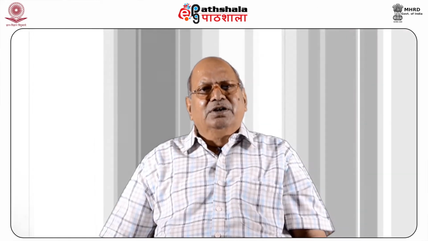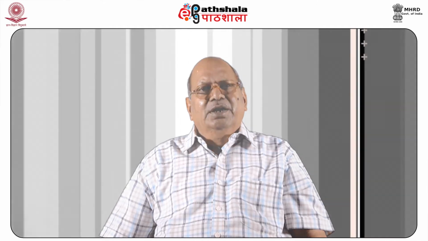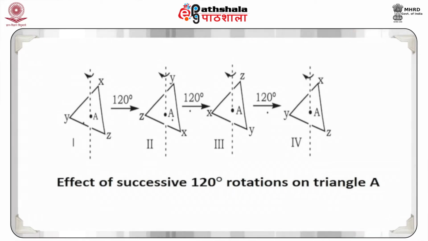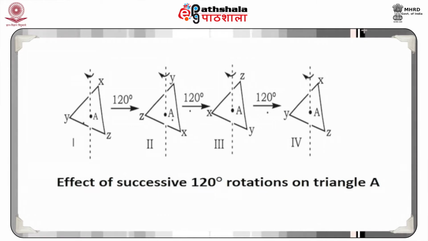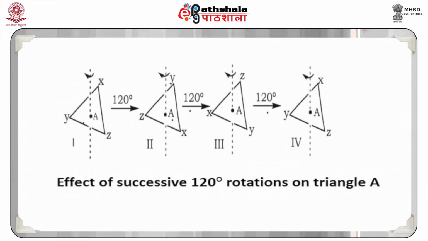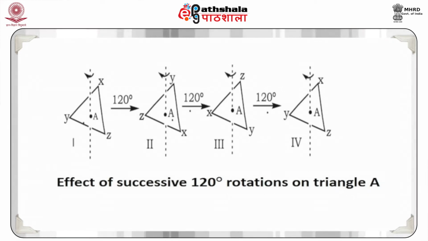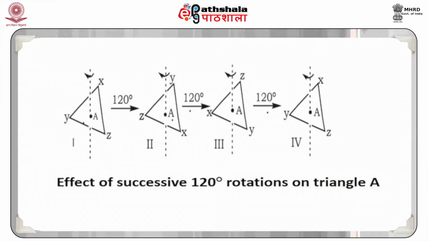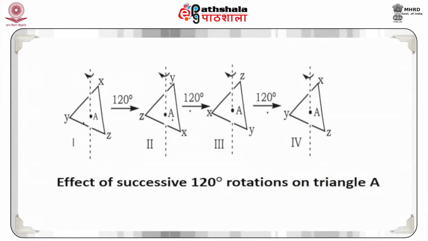I take triangle A again, and now instead of taking the vertical line passing through X and dividing YZ, I take an imaginary axis passing through the midpoint of this XYZ plane as shown, and give a clockwise rotation to this figure, that is 120 degrees.